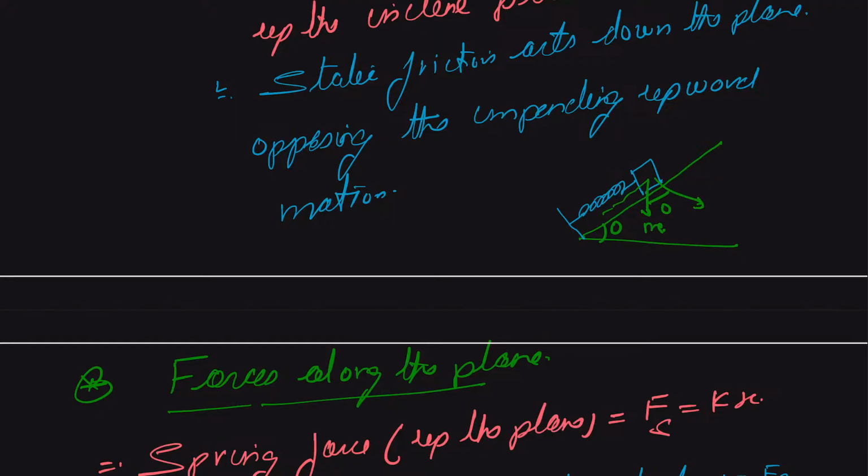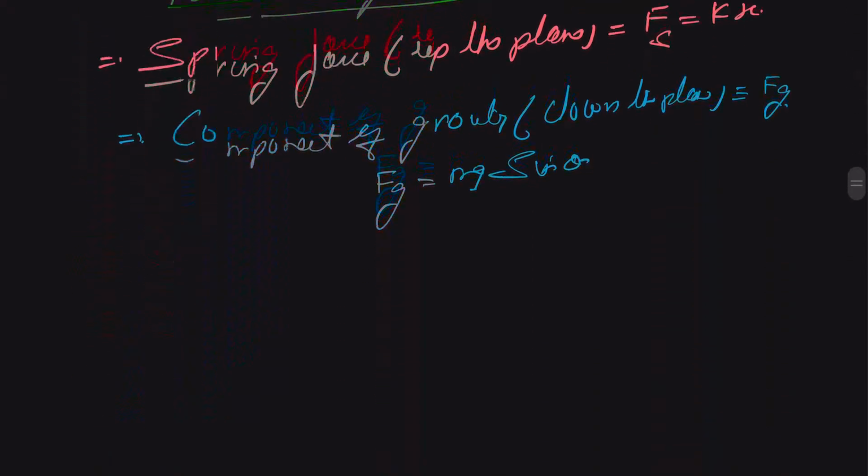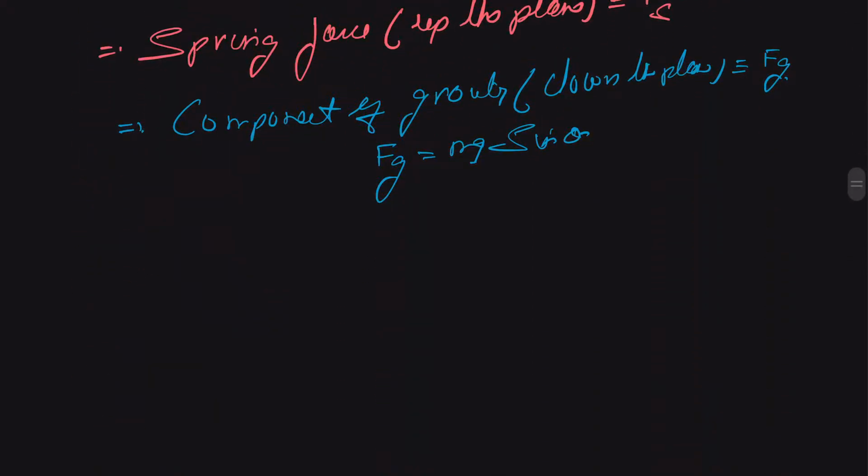This will be theta, so we are going to have mg cos of theta, and here we have mg sine of theta. The spring force will try to move it up the inclined plane. Therefore, we can also say that the force of friction will be down the inclined plane. So this is the basic figure, and these are two forces.